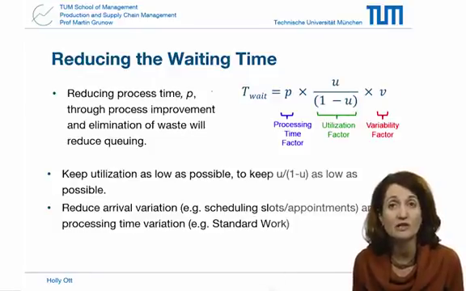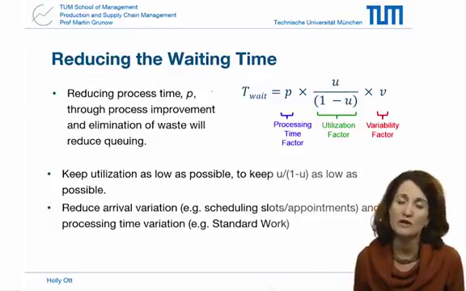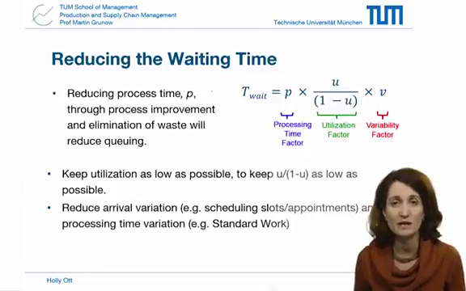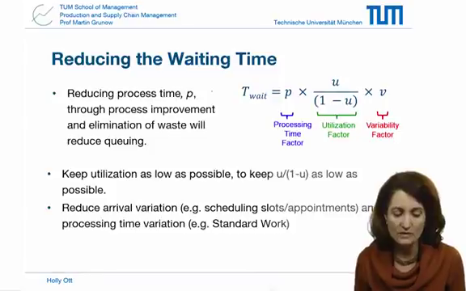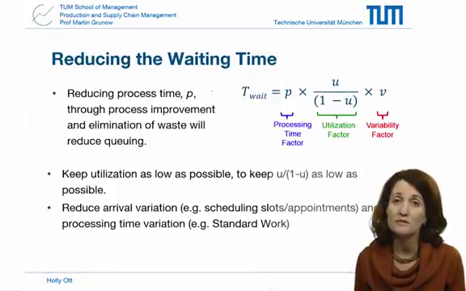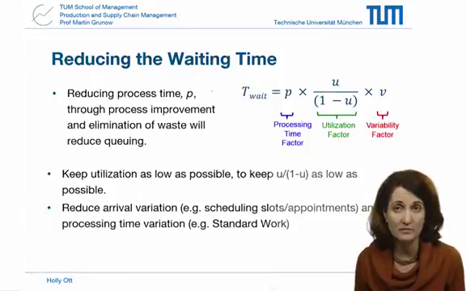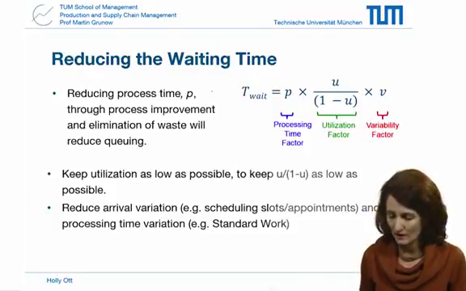So you have high demand in a certain part of the day. Well, then you make your prices at that time of day higher than at the other parts of the day. Process variation can be reduced, for example, with standard work, as we'll see later, so that processes are standardized and clearly written down so that there's less variation with the process time itself.